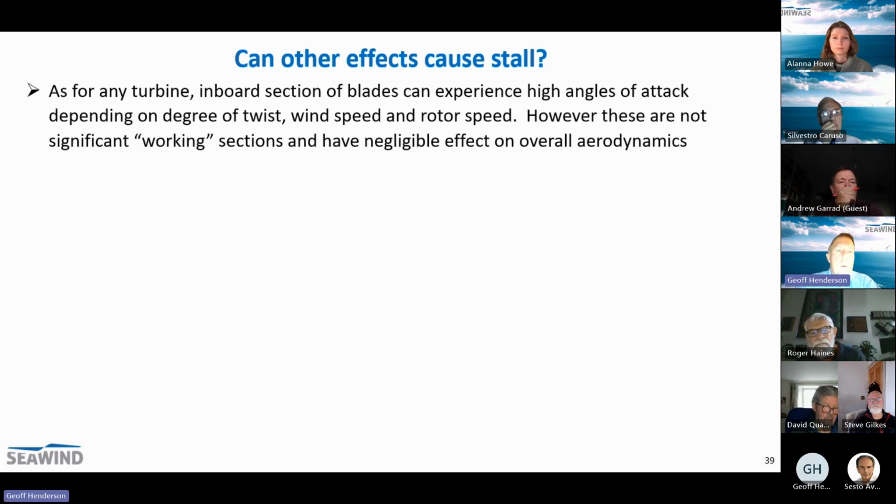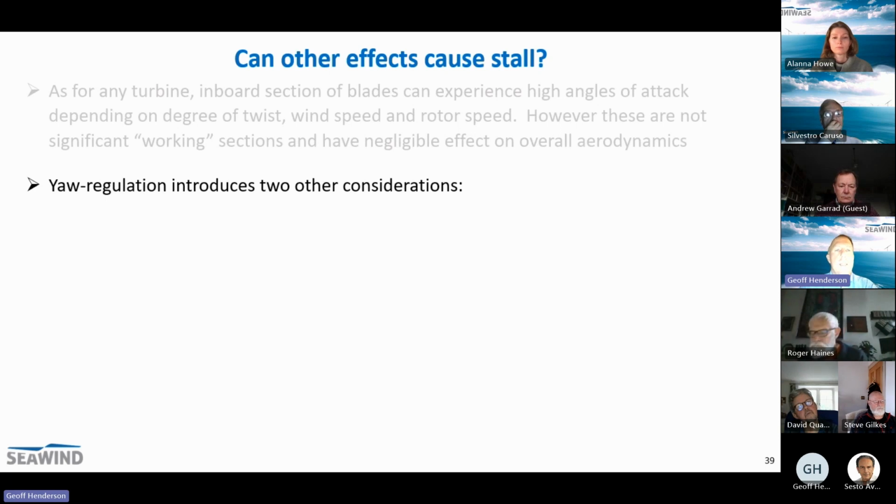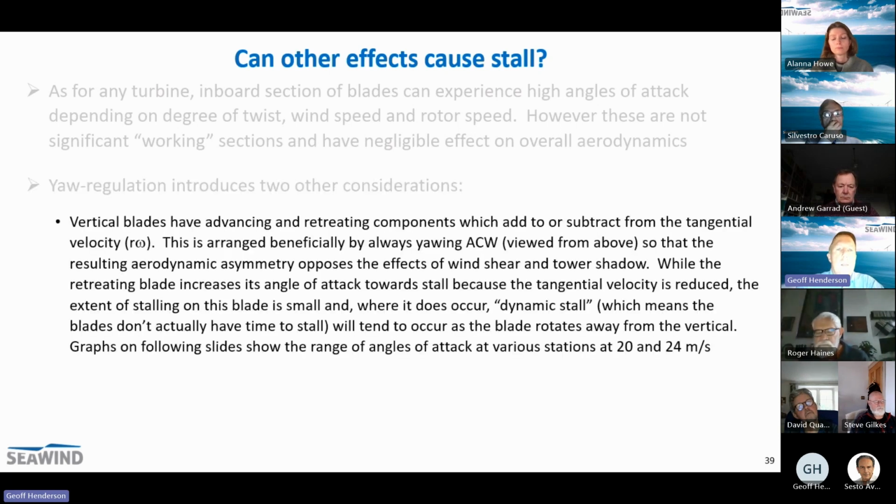Can other effects cause stalling? Well, for any turbine, the inboard section can experience high angles of attack depending on twist, wind speed, and rotor speed. However, these aren't significant working sections, so have negligible effect on the overall aerodynamics. Your regulation introduces a couple of other considerations. So the vertical blades have advancing and retreating components, which add to or subtract from the R omega term.